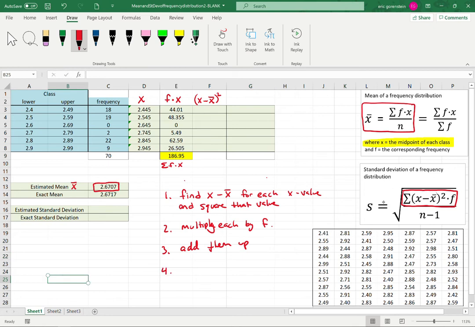Then we're going to divide that by n minus 1. Once we divide by n minus 1, now we're here. And finally, the last thing to do is take the square root. That will give us the entire calculation that we need. So we have to do this in stages or steps, because like I said, this is not a one-step process, since it's an estimation.